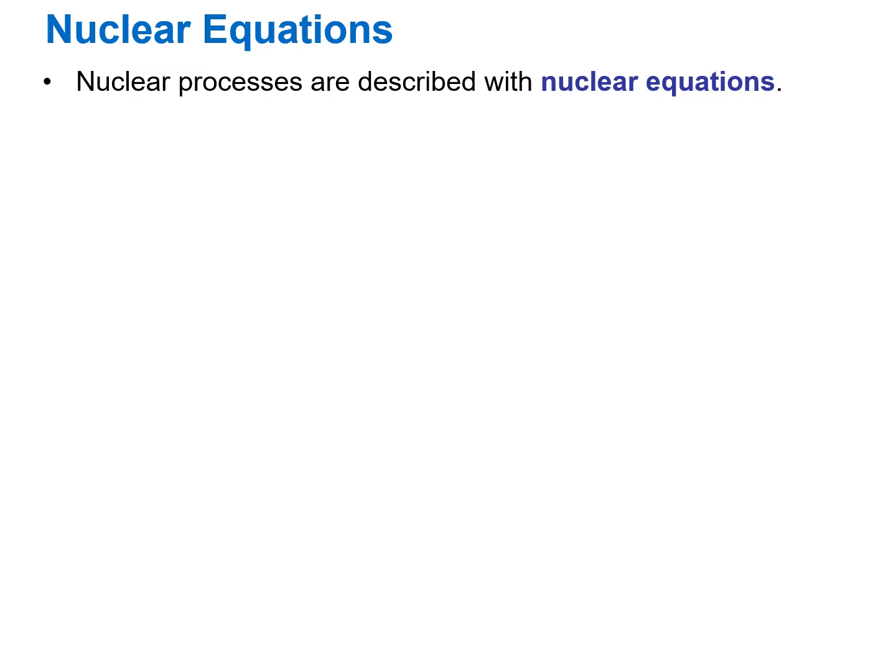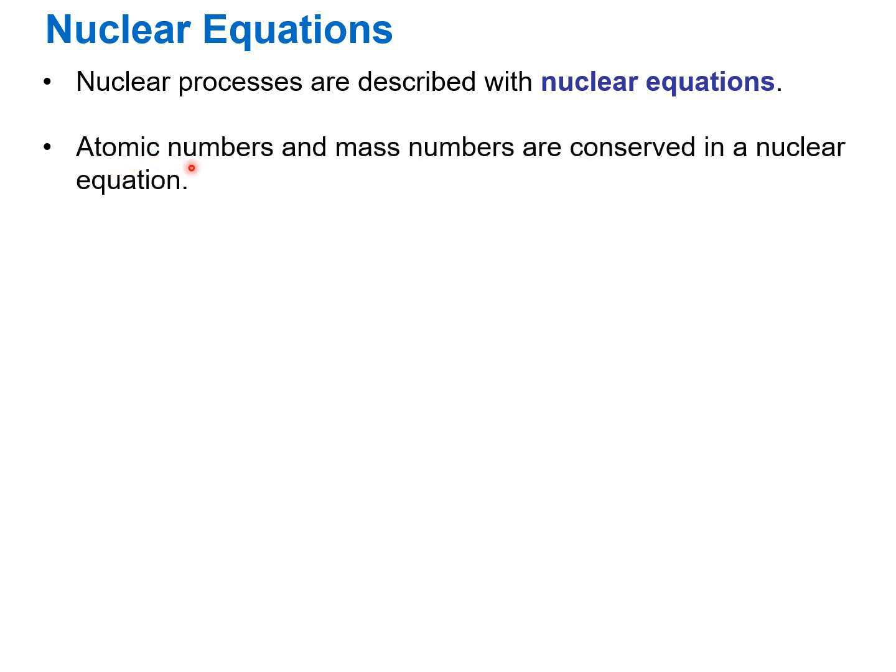You're changing the players that are involved, so you'll never be able to balance the number of particles, or the atoms and molecules, on one side and the atoms on the other side of the transformation arrow. But the things that we do look at are atomic numbers and mass numbers, and these are the things that need to be conserved in a nuclear equation.